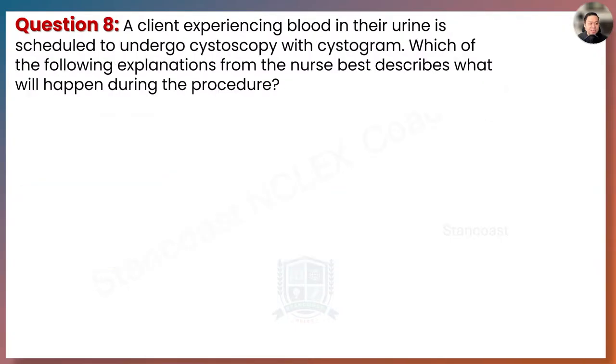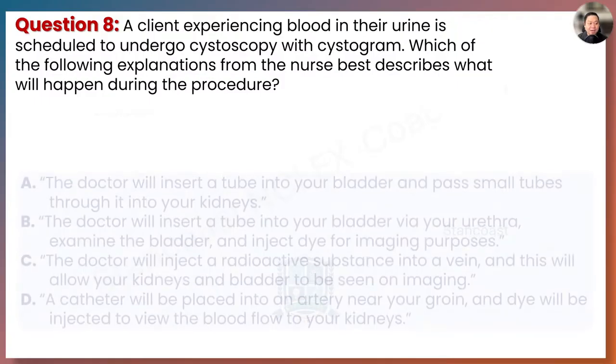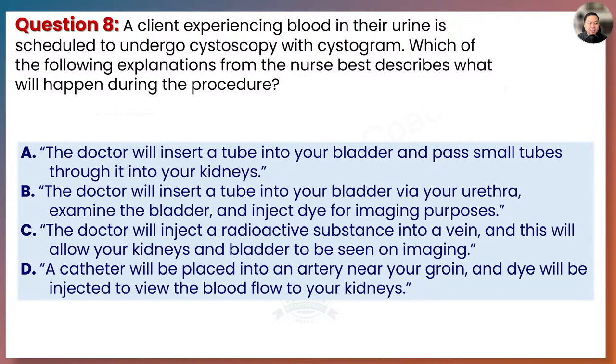Let's have number 8. A client experiencing blood in their urine is scheduled to undergo cystoscopy with cystogram. Which of the following explanations from the nurse best describes what will happen during the procedure? Options: A, the doctor will insert a tube into your bladder and pass small tubes through it into your kidneys.